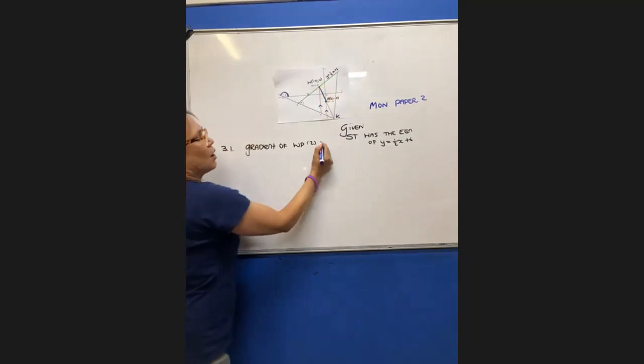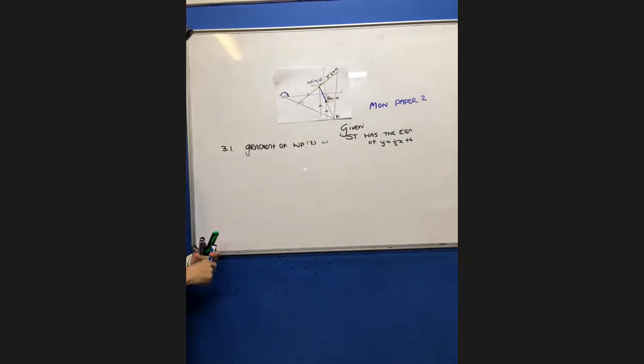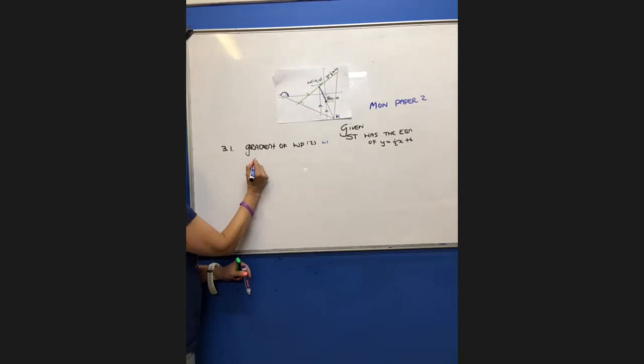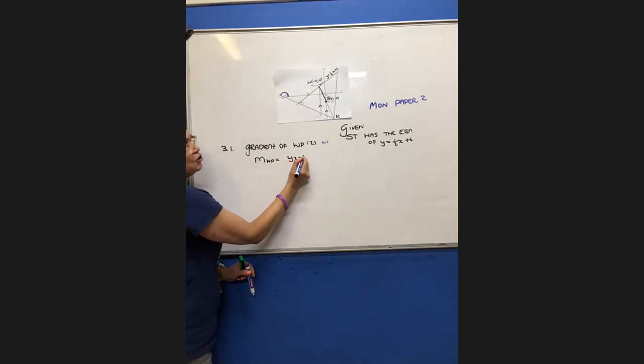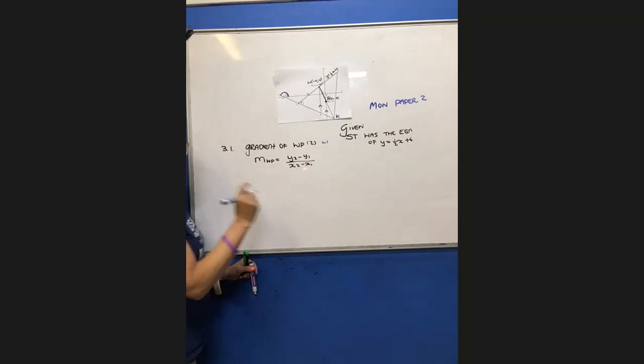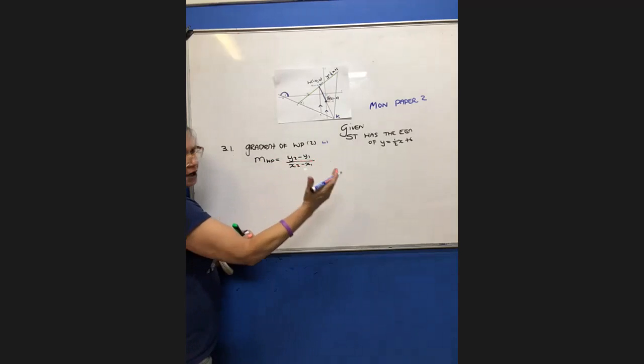This is level 1 because you've got both coordinates. So it couldn't be easier. So remember, just go m for gradient of WP. I would suggest just either write the formula or tear off the formula sheet at the end of the exam question paper so that you've got it there.